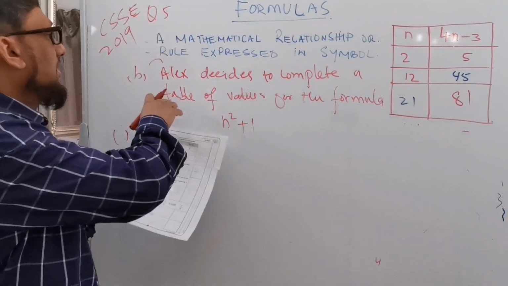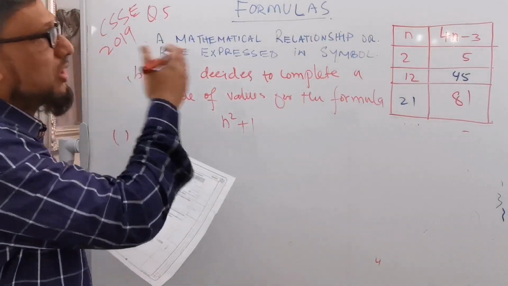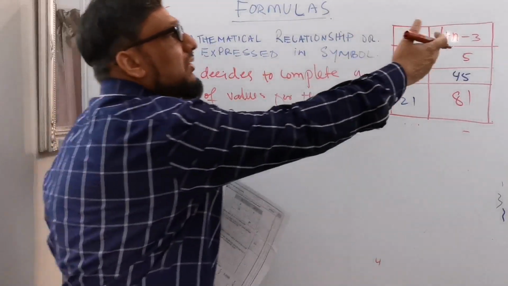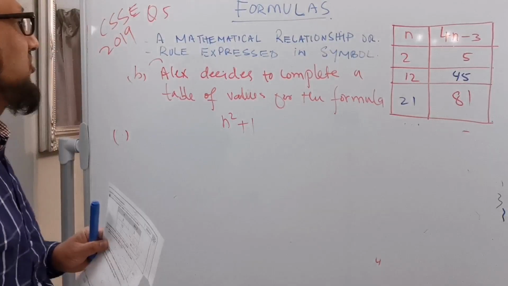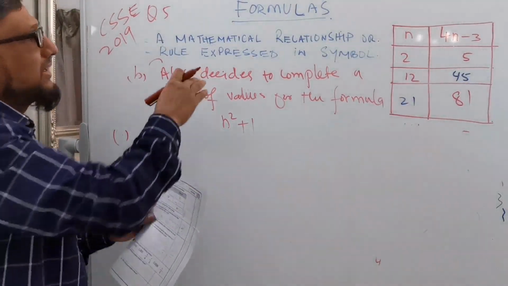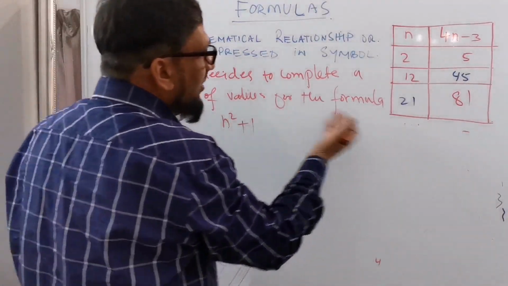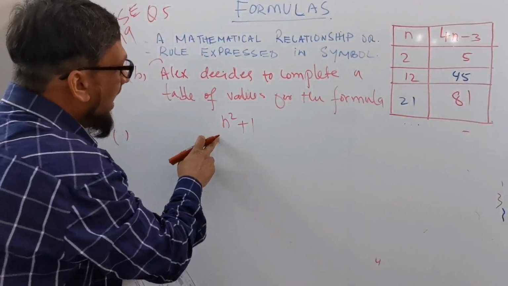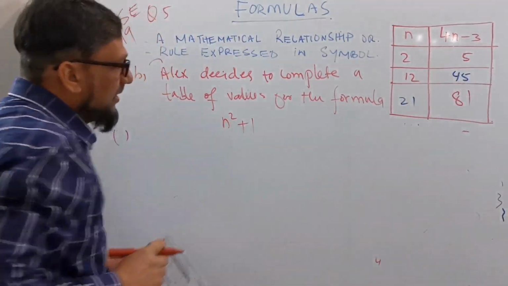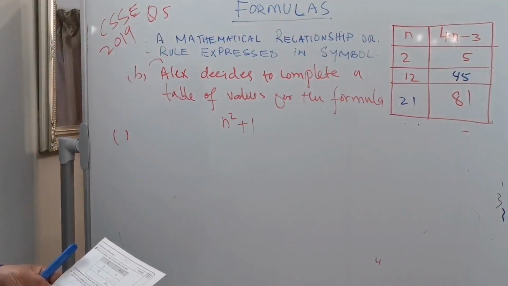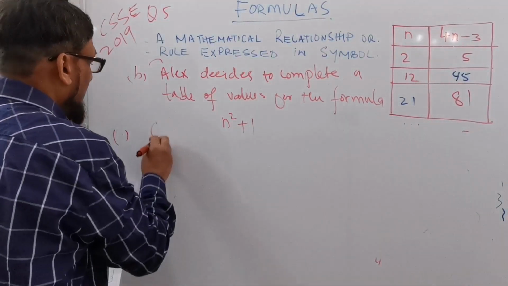So in part A, Sean completed the table for the formula 4n minus 3, and another friend, Alex, decided to complete the table of values using the formula n square plus 1.